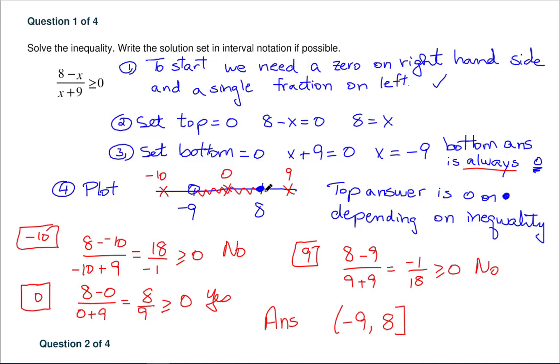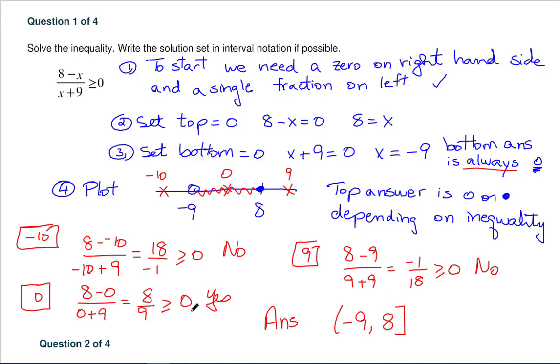Now the rest of the problem is similar to what we just did, and that is I pick a test number from each part and I try it out. If I try the minus 10, let's see, 8 minus a minus 10 is 8 plus 10 is 18. Minus 10 plus 9 is minus 1. 18 over minus 1, is that bigger than 0? No. If I plug in 0, I would get 8/9.